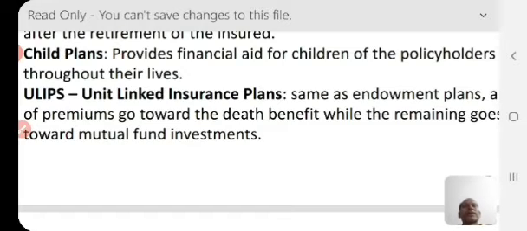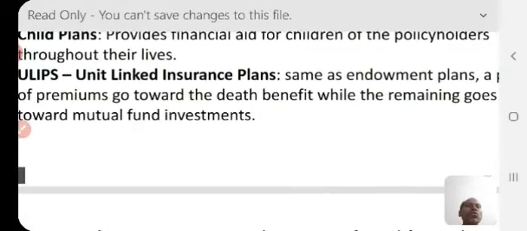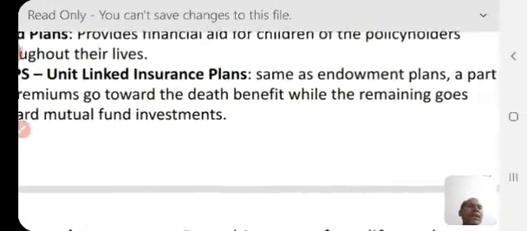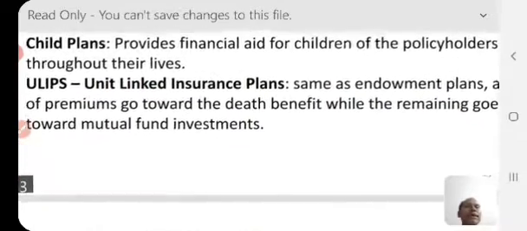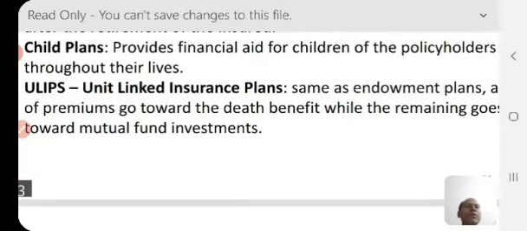ULIPs, unit linked insurance plans. Same as endowment plans, a part of the premiums goes towards the death benefit while the remaining goes towards mutual fund investments.